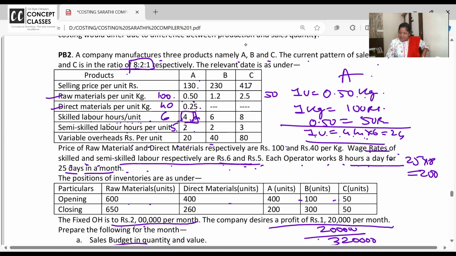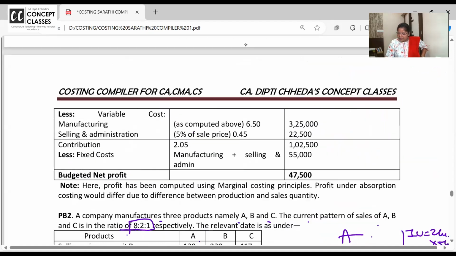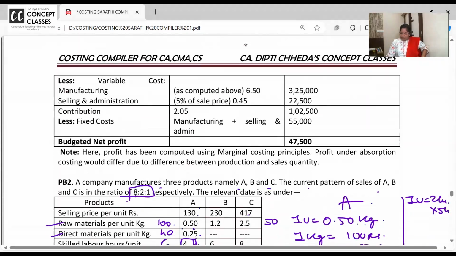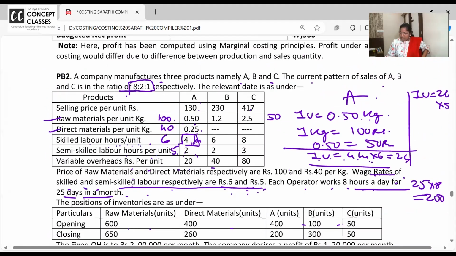यहाँ पे आ जाओ. Semi skilled मैं यहाँ कर रही हूँ. 1 unit requires 2 hours for the semi skilled workers. Each worker semi-skilled is getting 5 per hour. एक यूनिट को कितना टाइम लग रहा है आपको? 2 hours.